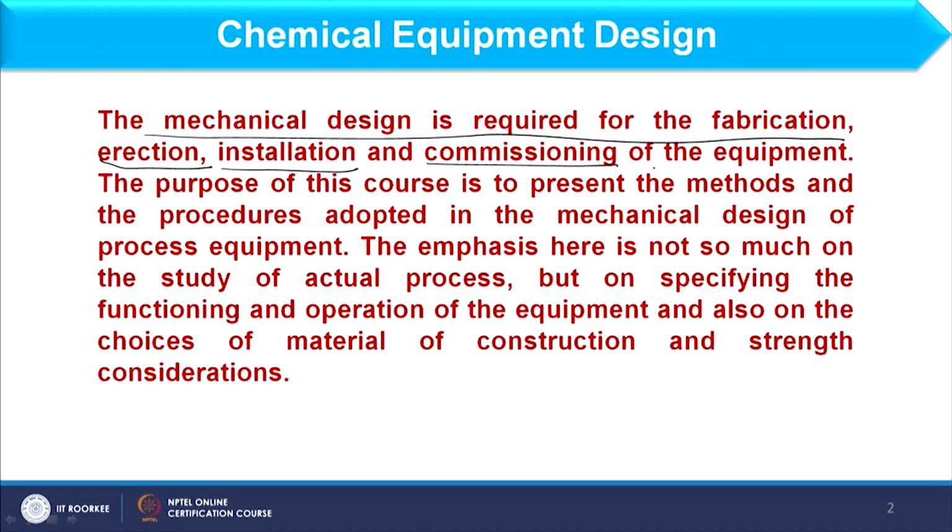So in mechanical design, we are basically dealing with fabrication. Fabrication, you understand, is nothing but the manufacturing of a particular object or equipment. The second term is erection. Erection means I have different parts which I have to join together or assemble into a particular equipment.